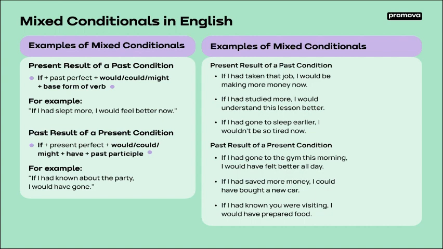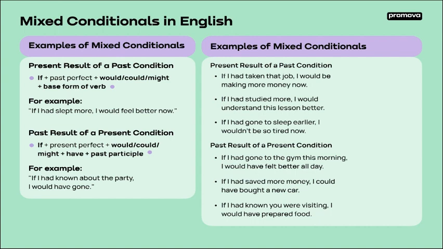Like I said, it was special. Why? It combines two conditionals, the second and the third, and it presents both an unreal condition, in the past or in the present tense, in the resulting clause and in the opposing clause.